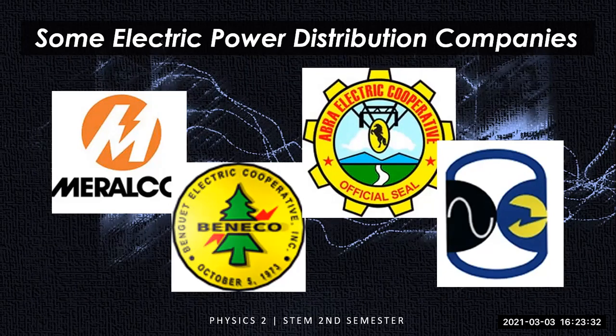We have the Meralco or the Manila Electric Company. We have the Beneco or Benguet Electric Cooperative. Of course, it serves the majority in the Benguet. The Meralco serves the majority in NCR and all the neighboring cities. For example, here in our place, which is the city of San Jose del Monte, we use the Meralco as our power distributing company, and so far and so on.